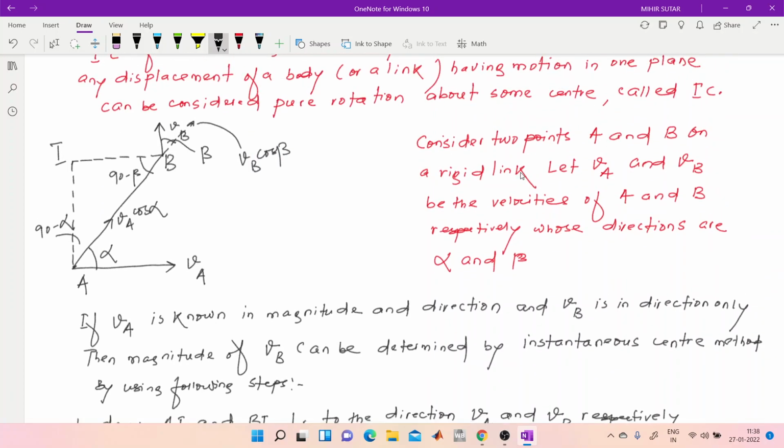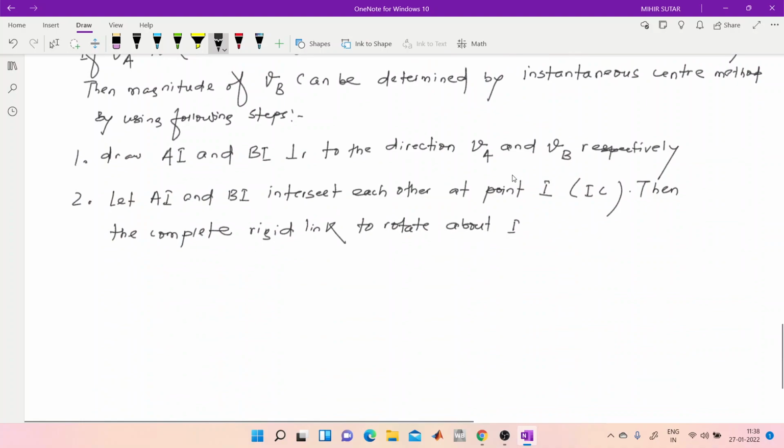We know the magnitude and direction of this VA, but we know only the direction of this VB. Then we join these two axes which are perpendicular to their respective velocities, and they intersect at this point I, which is the instantaneous center. So the entire link AB will now be rotating about this I.